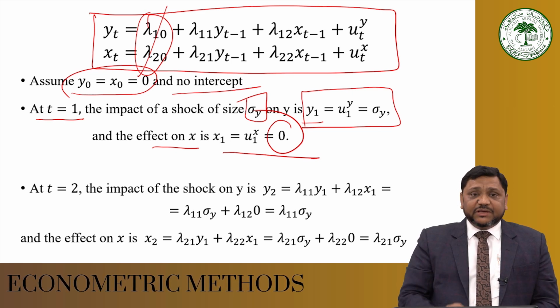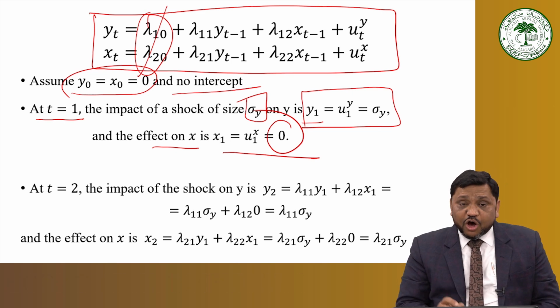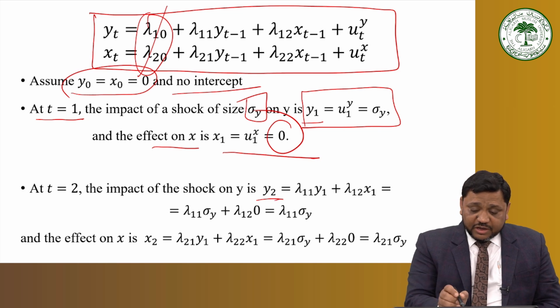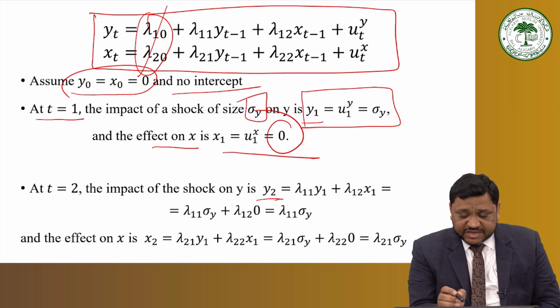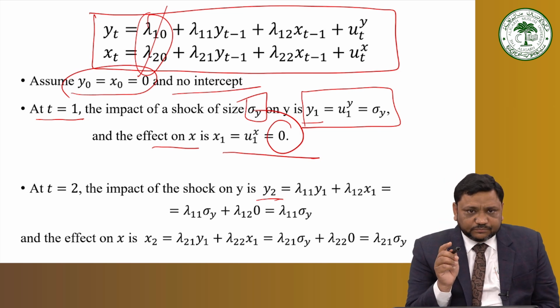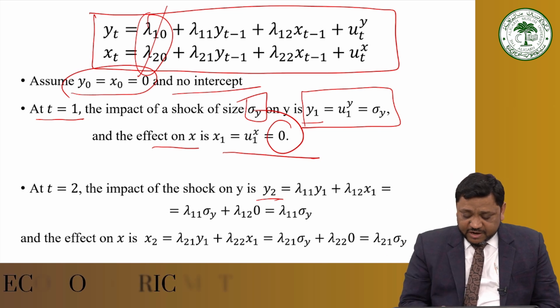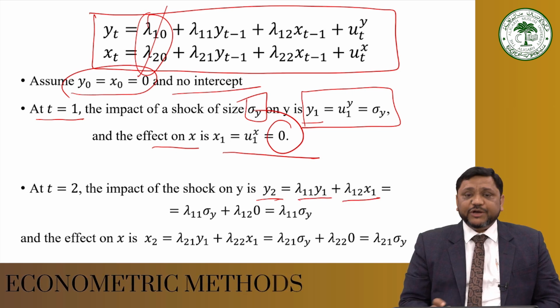Now at time period 2, the impact of the shock on y is y2. Here, t minus 1 becomes period 1, so this becomes y1 and this becomes x1. That is why we write y2 is equal to lambda 11 y1 plus lambda 12 x1.